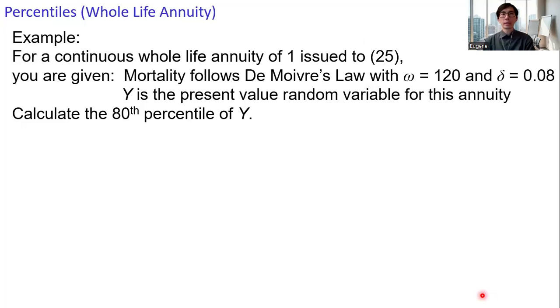All right, let's take a look at some examples. For a continuous whole life annuity of 1 issued to an individual at age 25, given that the mortality follows de Moivre's law with omega 120 and force of interest 0.08, calculate the 80th percentile of this annuity.